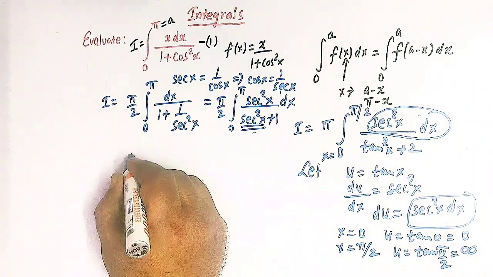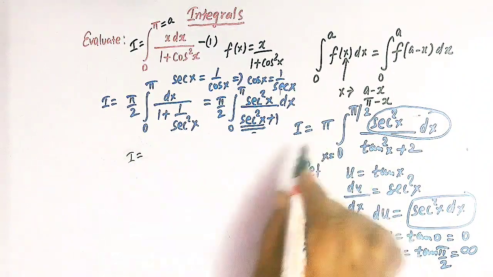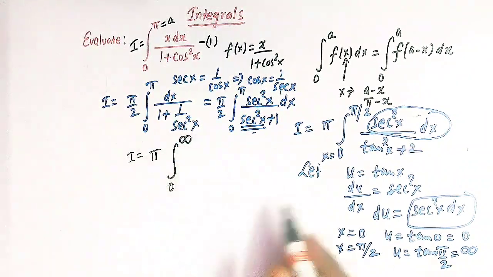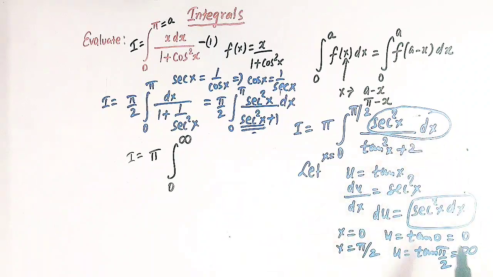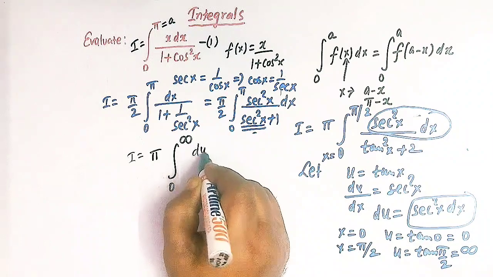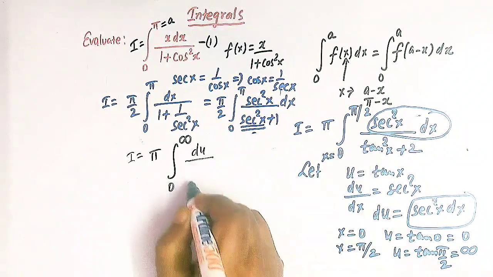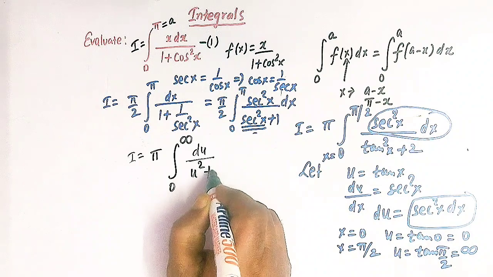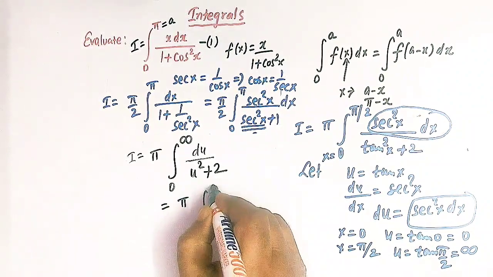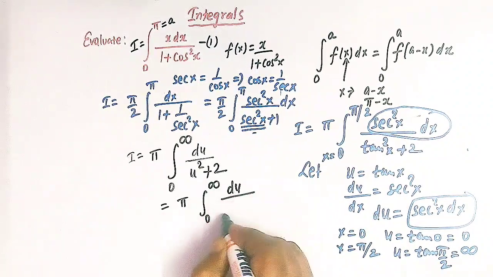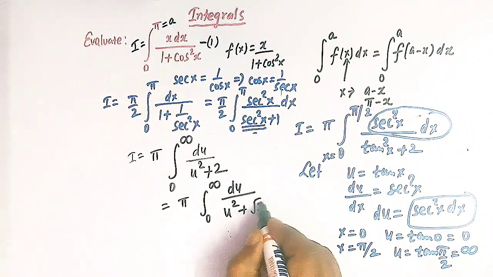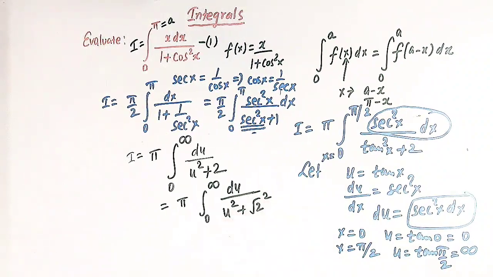So now we have I is equal to pi, and we have 0 to infinity. Here secant square x dx can be written as du, and in the denominator we have u square plus 2. So this is pi times the integral from 0 to infinity of du over u square plus 2, and u square plus 2 can be written as u square plus the square of square root of 2.